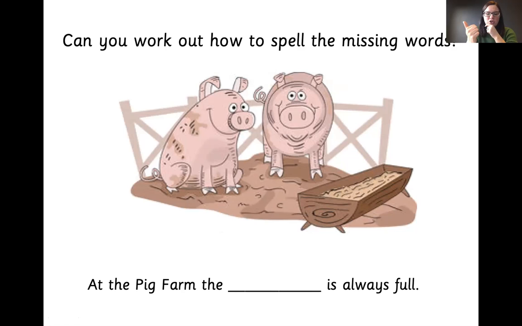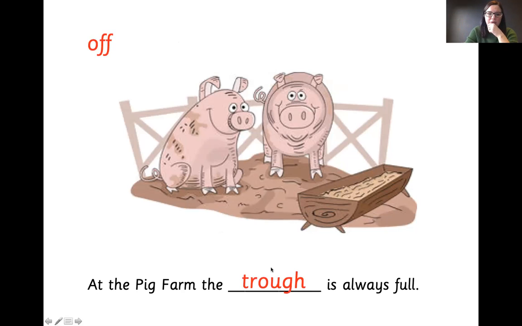So we're going to have T-R, true, off. And how are we going to make that off sound? Well, we know that our spelling rule this week is O-U-G-H, so we'll go with that one, shall we? There you go. It's an off sound again. At the pig farm, the trough is always full.